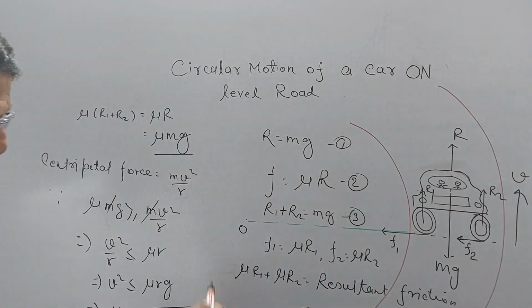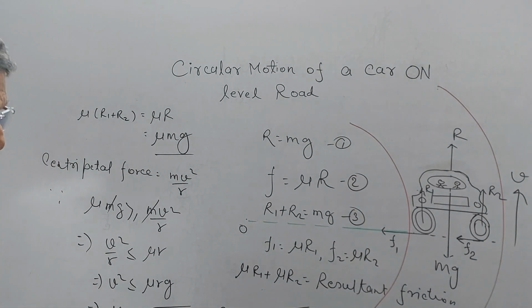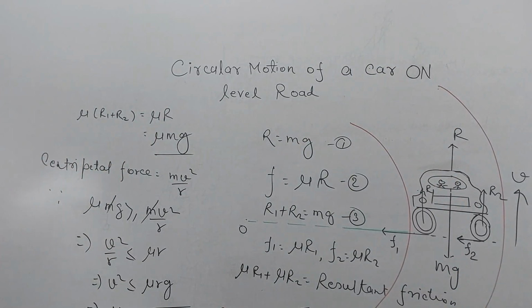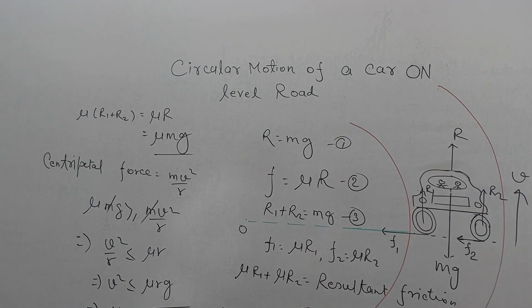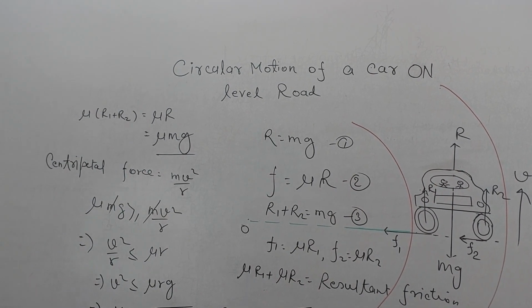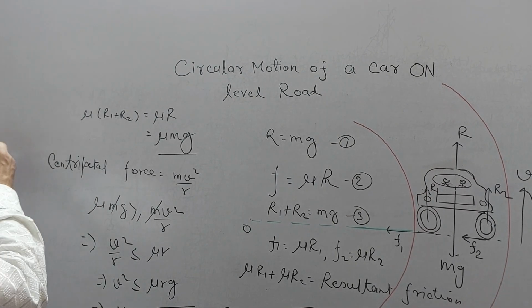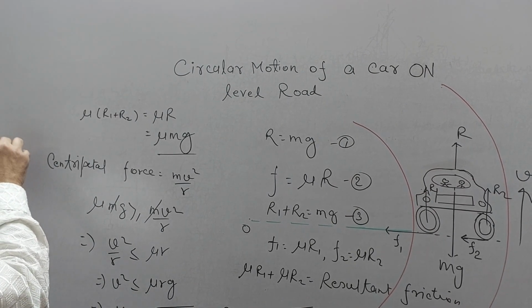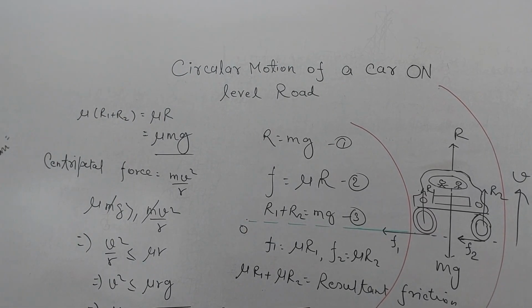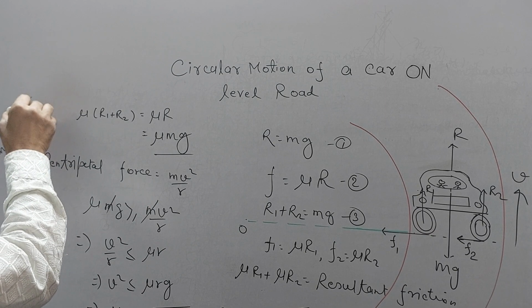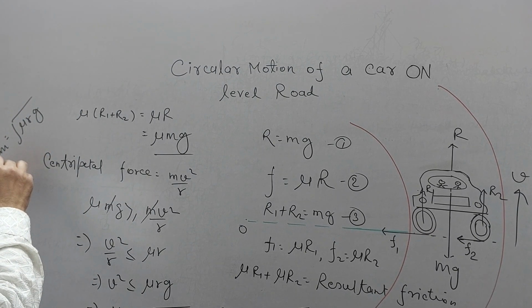That's why this is the maximum safe limit for a vehicle at a turning point. Therefore, our maximum velocity of the vehicle at the turning will be the square root of mu r g, where r is the radius of the circular path.